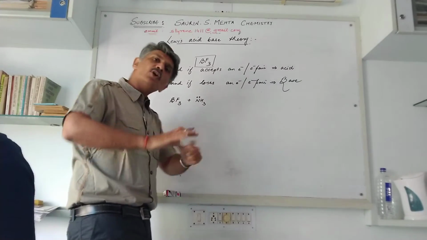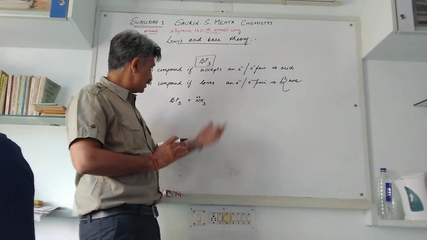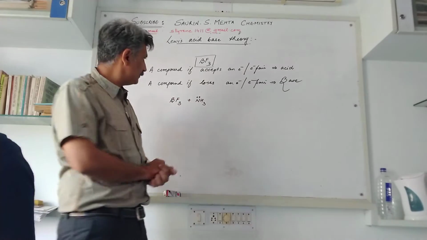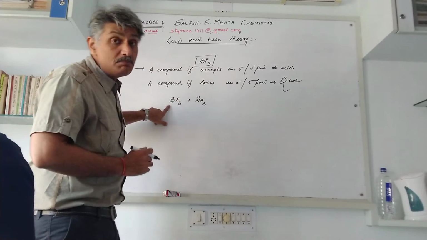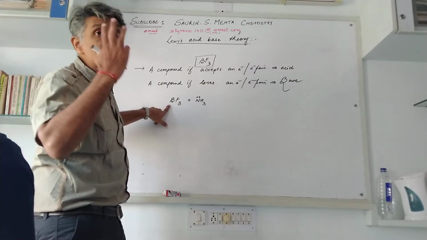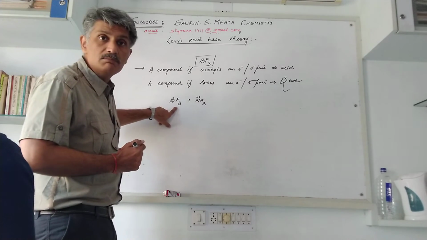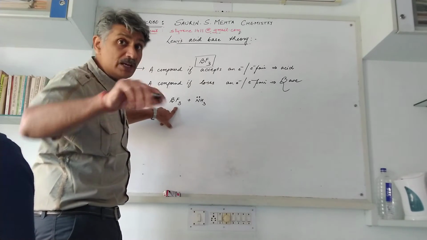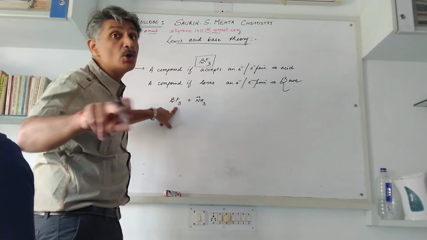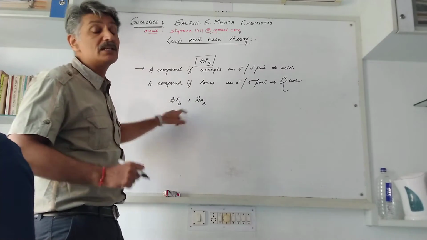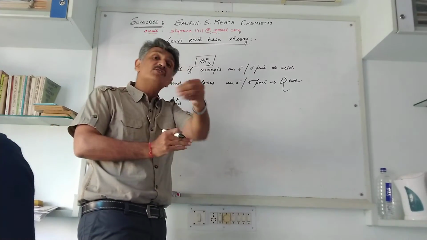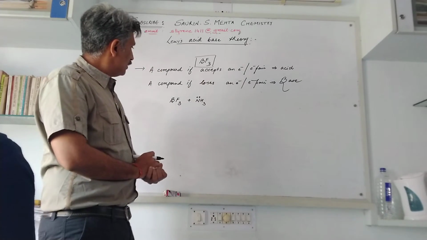So what can happen over here? This nitrogen has already completed its octet. Whereas on the other hand, in BF3, boron has only 3 valence electrons, all 3 bonded with fluorine. Fluorine completes the octet, but boron has not yet completed its octet. It is left with only 6 electrons after sharing 3 electrons. So what happens?